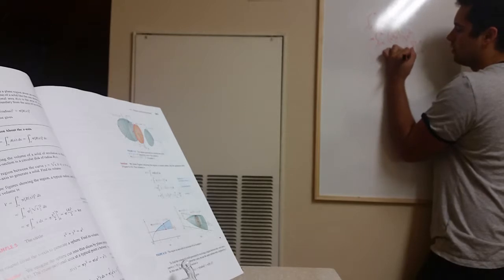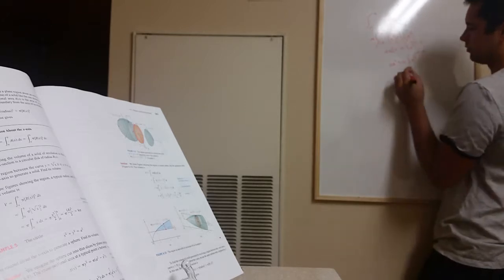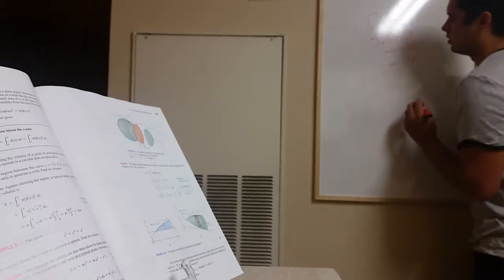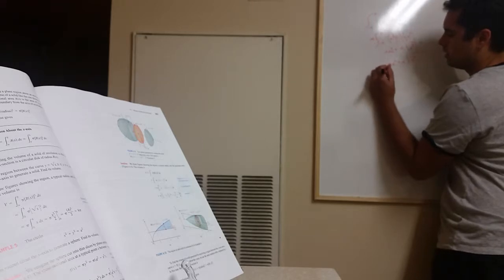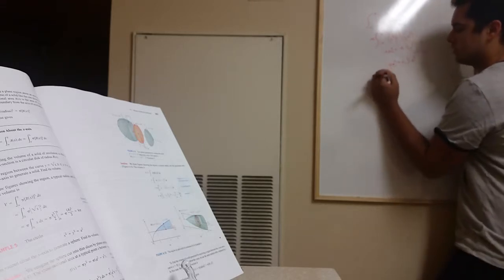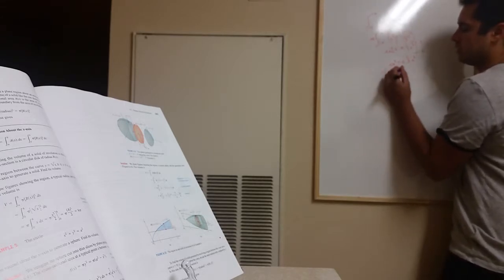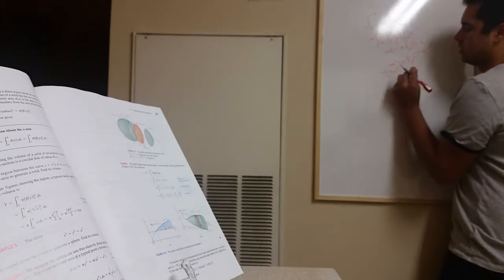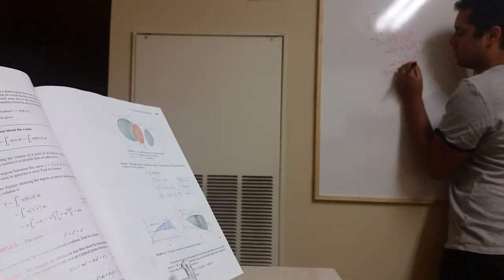pi 1/3 a to the 3 minus, and then I'll do negative pi a to the 3 minus pi 1/3 a to the 3.